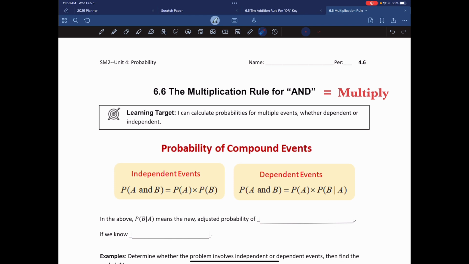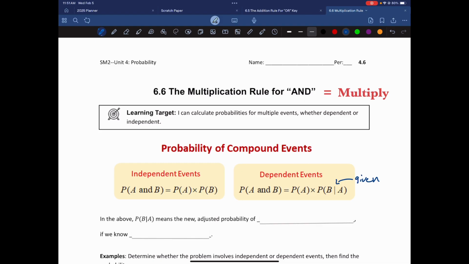Now if we look at dependent events, the probability of A and B is the probability of A times the probability of B given A, okay? This little line here is read as "given." B given A. So what does that mean?